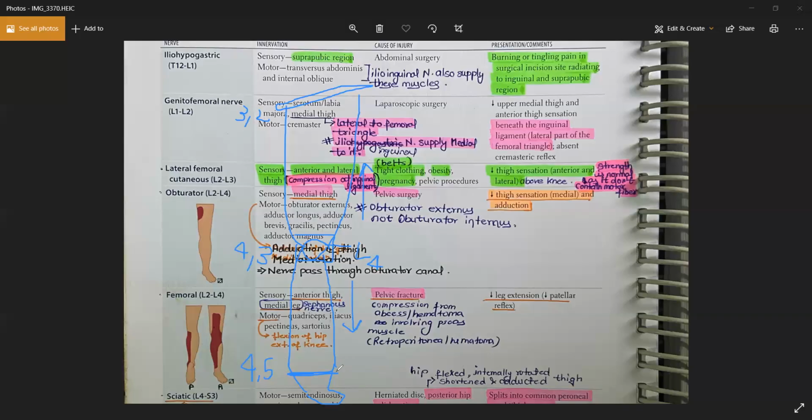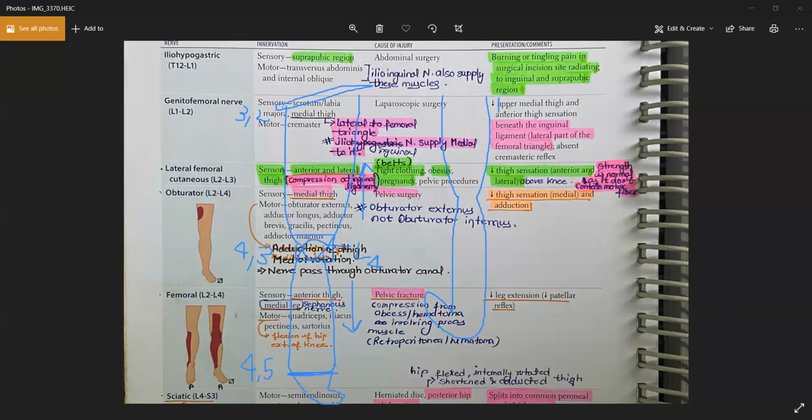Similarly, if I draw the back of my lower limb, this is the posterior part, and the posterior part is kind of one step ahead.